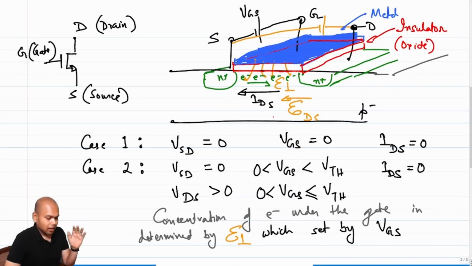Note that even though geometrically there is no difference between the source and the drain, how is the nomenclature coming? The nomenclature is coming because it is pointing to the direction of current flow, or in other words, it is pointing towards which side I have applied higher voltage than the other, right?